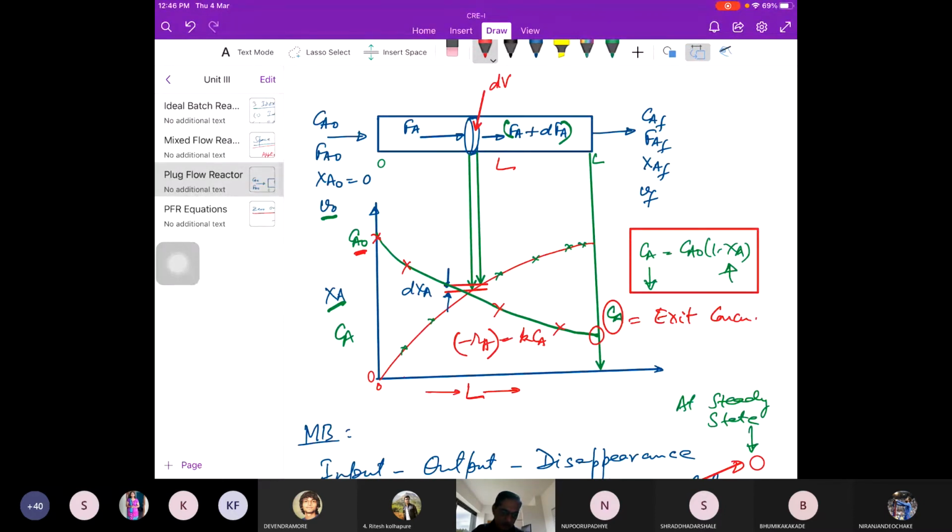Suppose यहाँ पर 10% हो गया. तो CA कम हो जाएगा 10%. फर्स्ट ऑर्डर लिया हमने तो CA कम हो जाएगा. राइट. CA कम हो जाएगा तो रेट ऑफ रिएक्शन कम हो जाएगा. बट कन्वर्जन इज इंक्रीजिंग कंटिन्यूसली. यहाँ पर कन्वर्जन 10% था, यहाँ पर 20% हो जाएगा, यहाँ 30% हो जाएगा, 40%, 50%. तो कन्वर्जन इज इंक्रीजिंग एंड एट द सेम टाइम concentration is decreasing because these two are linked.